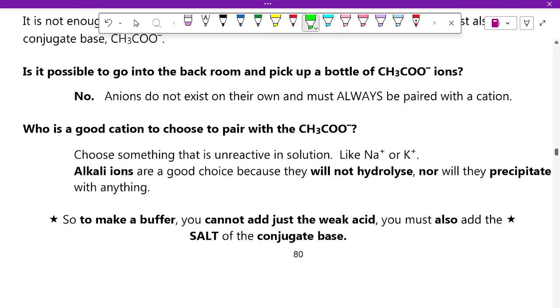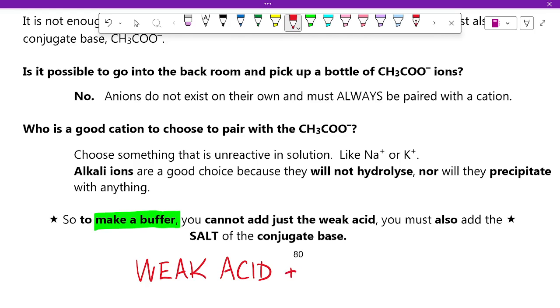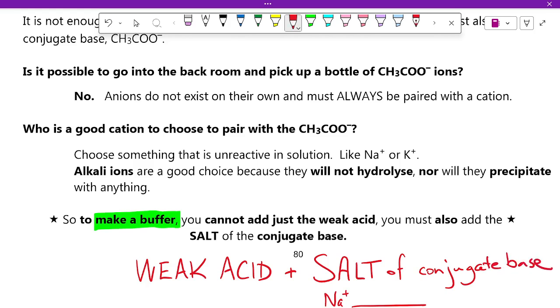So what you need to make a buffer is to add the weak acid plus the salt of the conjugate base. Okay, so it'll be like Na whatever.